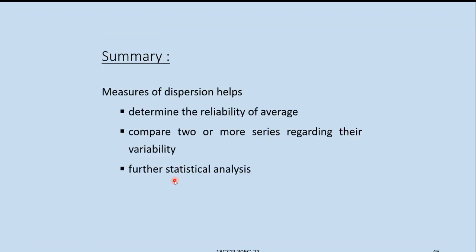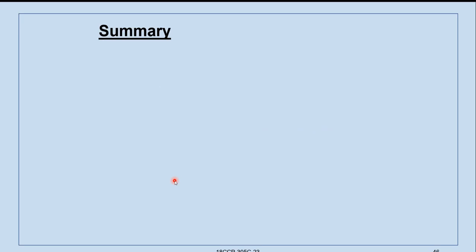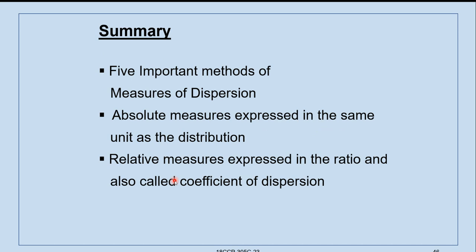We have also seen measures of dispersion: algebraic and graphic, absolute and relative, and the Lorenz curve. In absolute, range, mean deviation, quartile deviation, and standard deviation we have seen. And the 5 important methods of measures of dispersion we have seen, the same as what I have listed now.